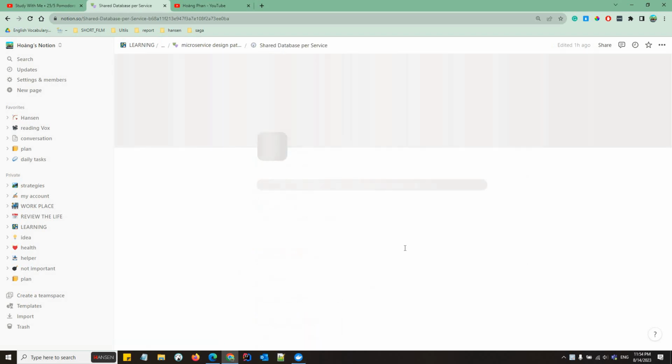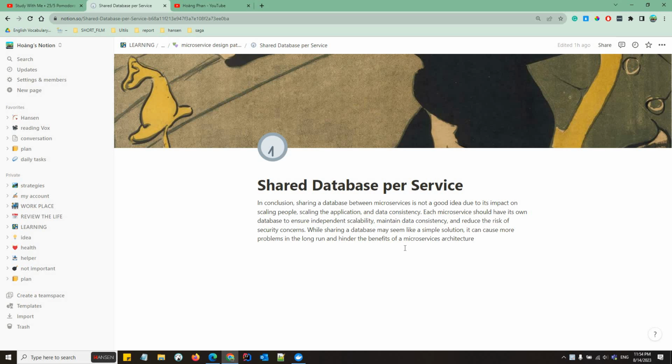It means all the services will share one database, but I think this is an anti-pattern, and we shouldn't do that, because when we do that, we should consider using the monolithic architecture, and because it's difficult to scale the application, and it will impact the other teams, they cannot work together, and cannot deploy the services independently.